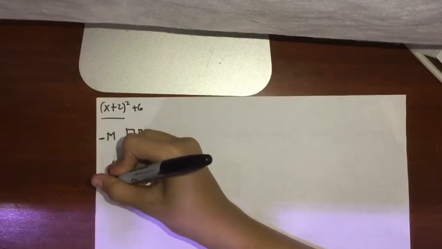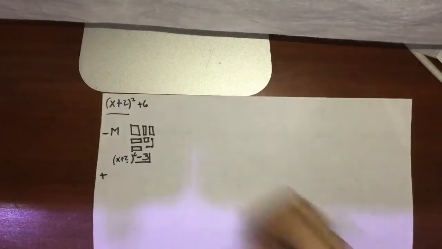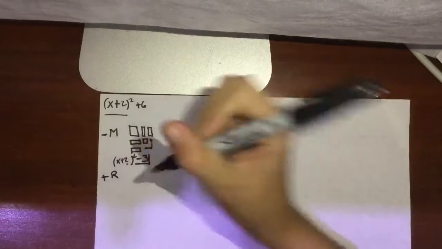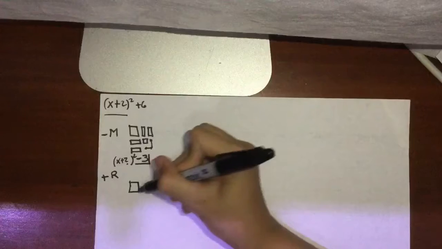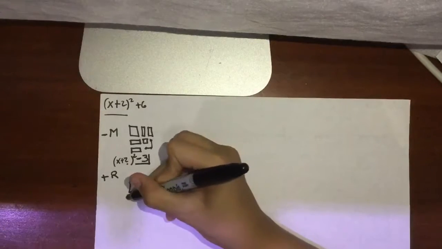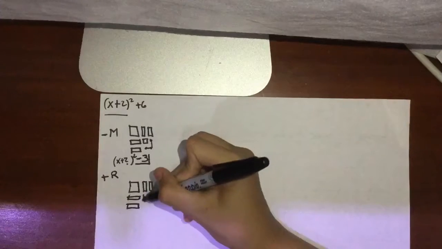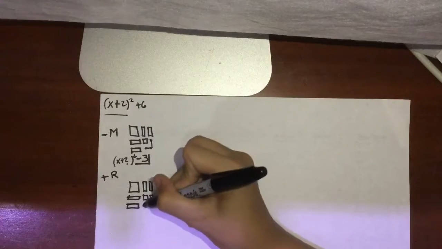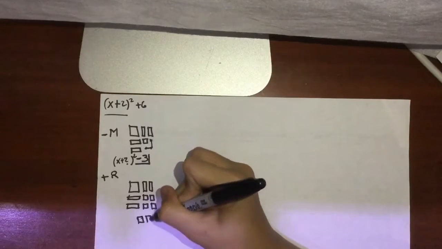Okay, but it's positive when there are remaining tiles. For example, we have the x squared tile, the x tiles, and we have 1, 2, 3, 4, 5, and 6.